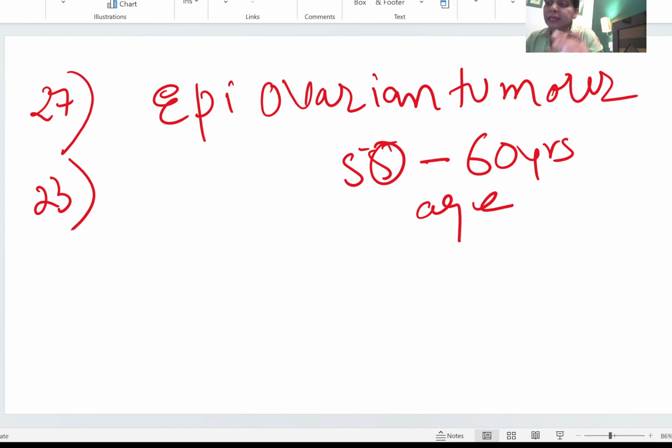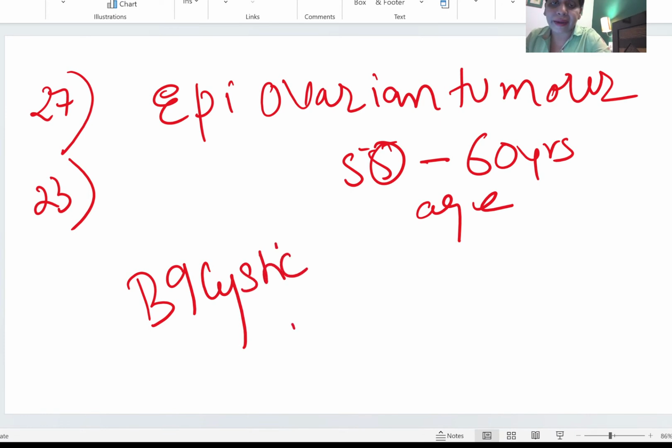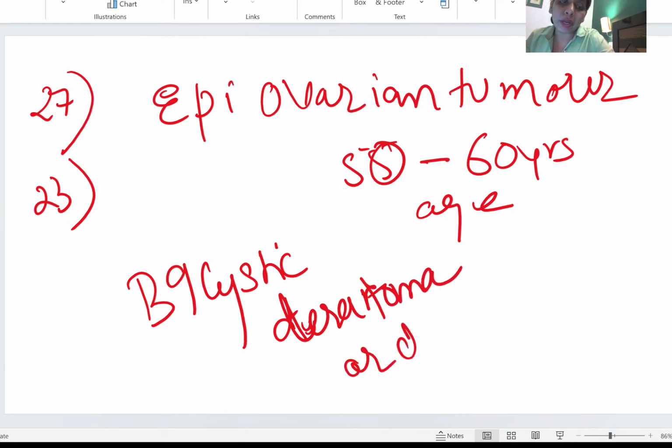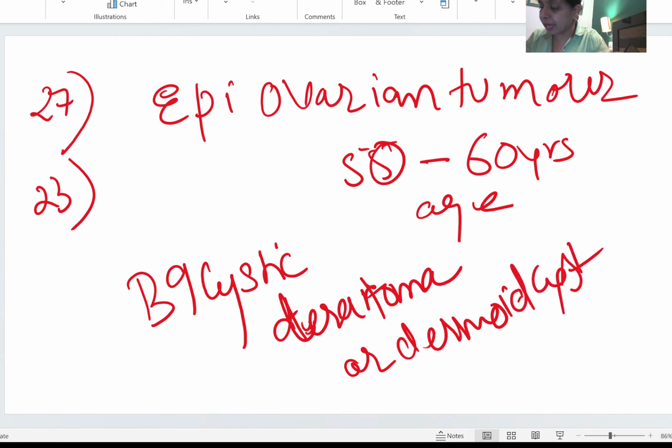Now, if we don't see epithelial ovarian tumor, what is the second most common tumor? It is benign cystic teratoma or dermoid cyst. It's one and the same name. Okay, is it clear to you, Dr. Sumit? Question number 23.